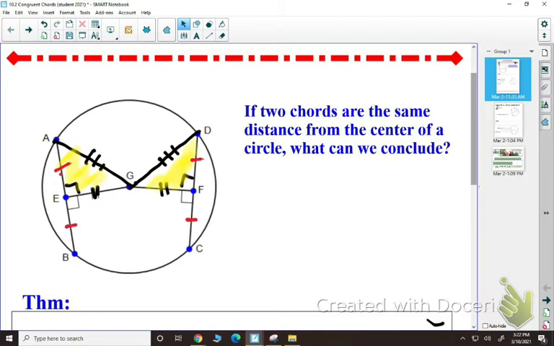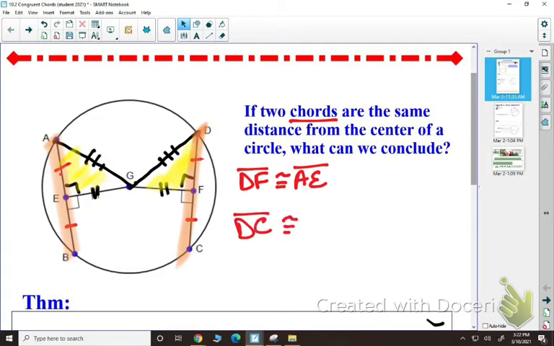Different conclusions we could make: you could say segment DF is congruent to segment AE, and that would be acceptable. Another conclusion, since we're talking about two chords the same distance from the center, is that the chords themselves are congruent. So segment DC would be congruent to segment AB.